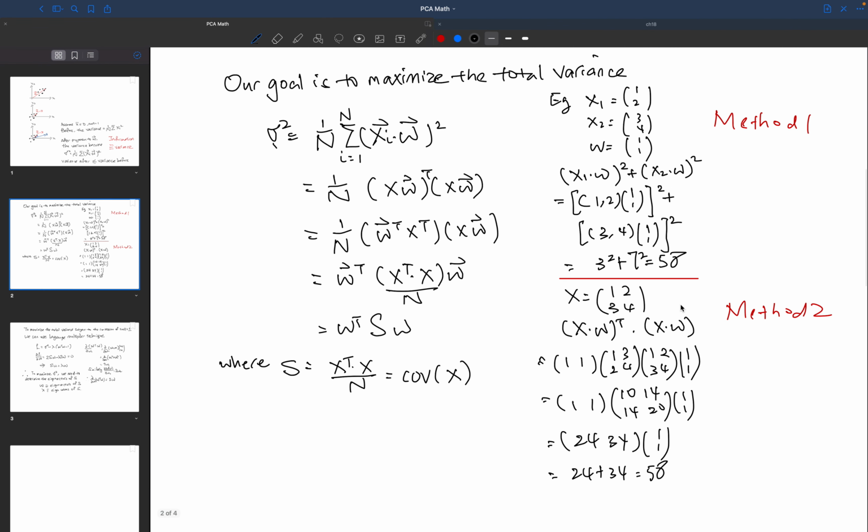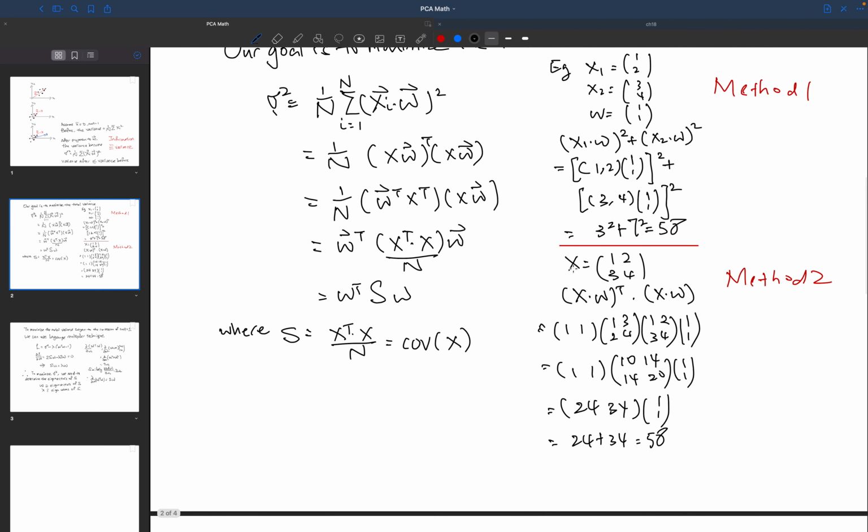The second method to compute this variance is in the matrix form. First we form a matrix X, which is the transpose of this x bar: (1, 2) and (3, 4).